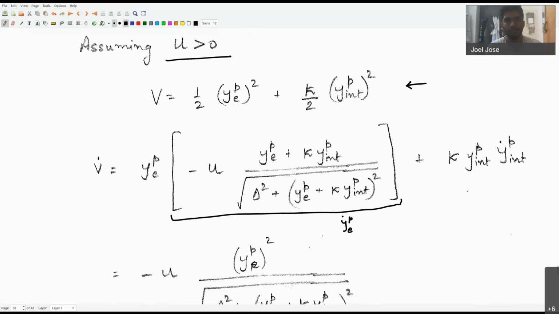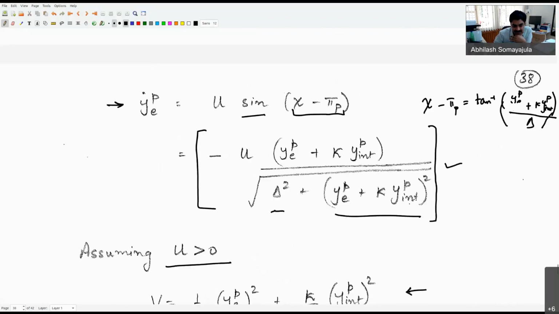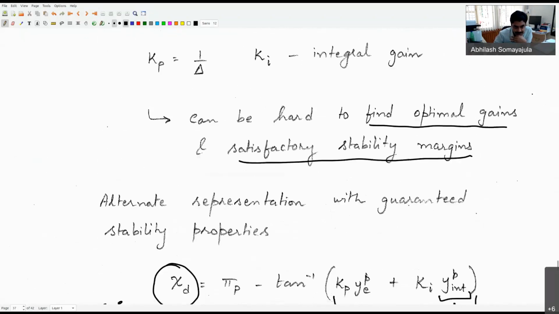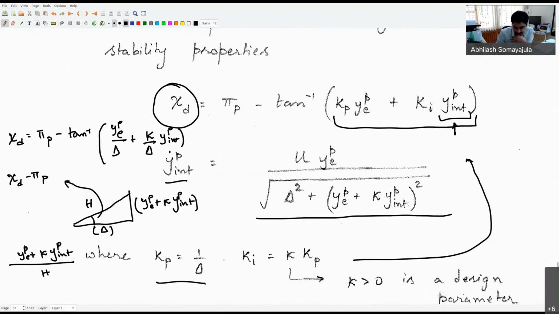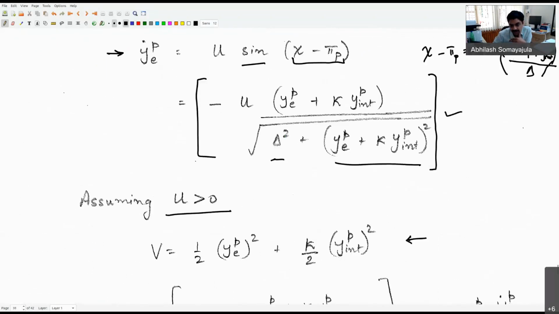Now, on the second one, we have k times yp int times yp int dot. Remember that this yp int, which we chose, has its dynamics governed by this equation which we had chosen for our results. So we'll now substitute that into here.